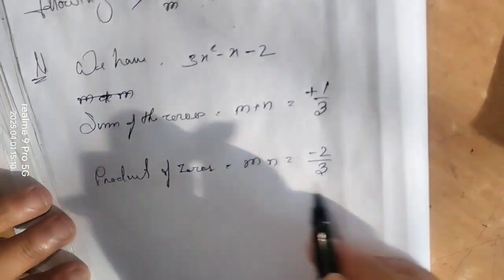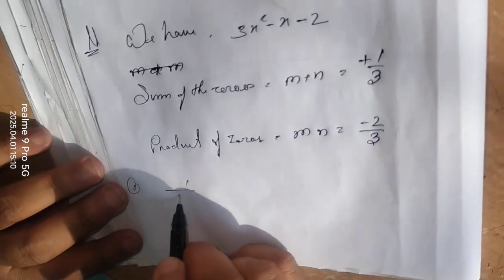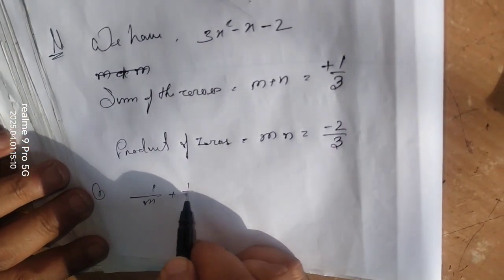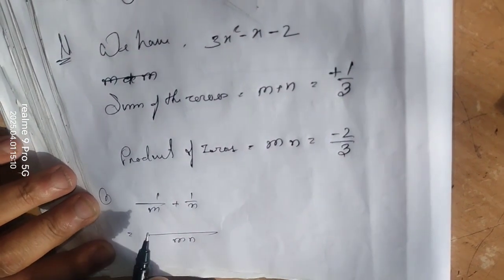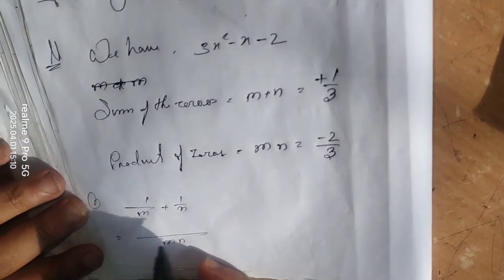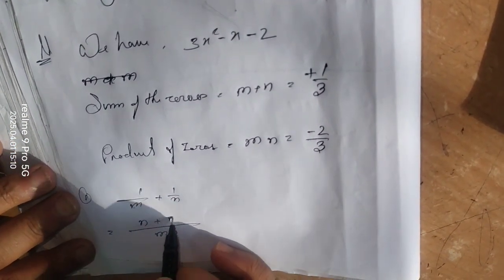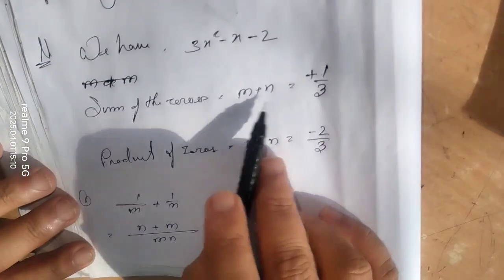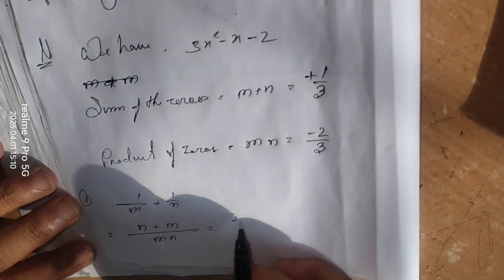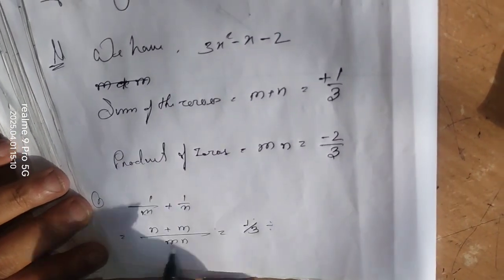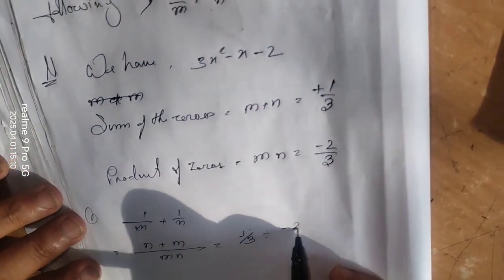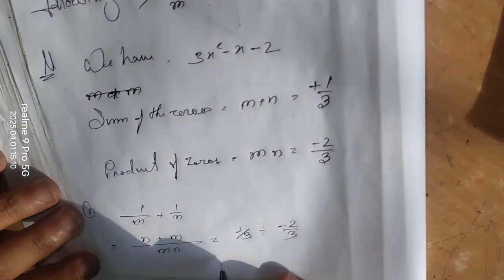So number 1, what will we find now? 1 by m plus 1 by n. First we will take the LCM, m into n. So this will become n plus m over m into n. We have m plus n equal to 1 by 3, divided by negative 2 by 3, which is m into n.